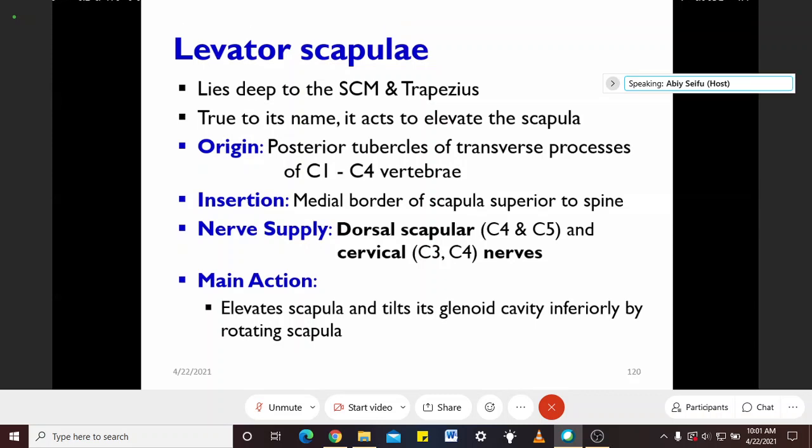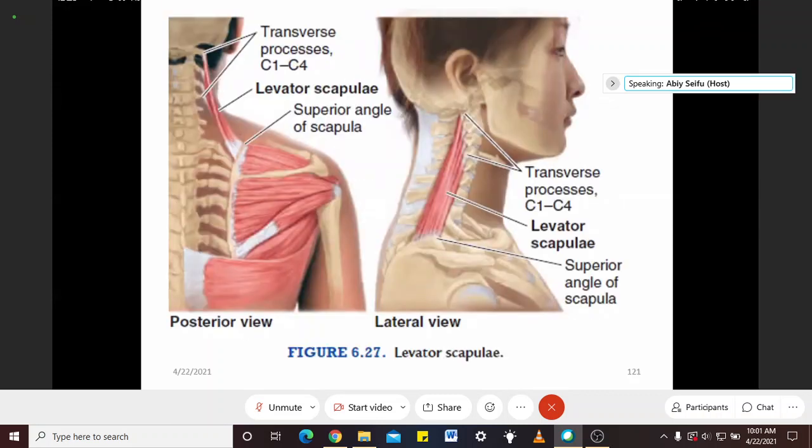I think it is better to see on the picture. Here it is, the origin from the transverse processes of C1 up to C4.